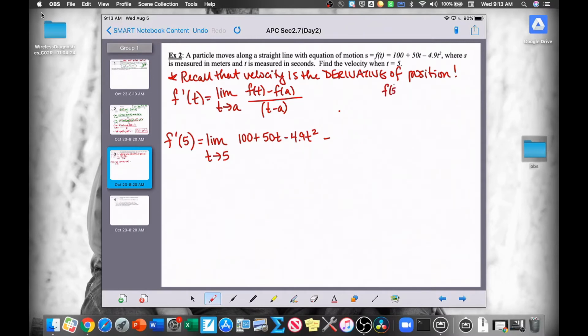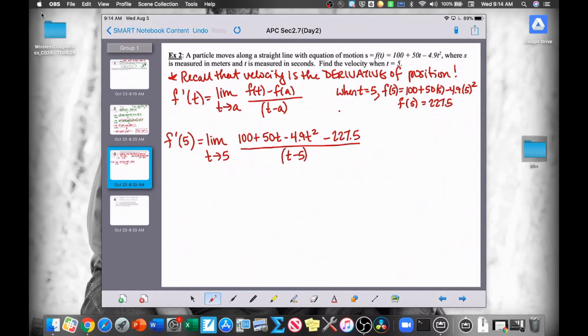So over here, f of 5 is equal to 100 plus 50 times 5 minus 4.9 times 5 squared. And if you grab your calculator and do the math, f of 5 is equal to 227.5. So when t equals 5, f of 5 is 227.5. So we're going to have minus 227.5. And this is all divided by t minus 5.